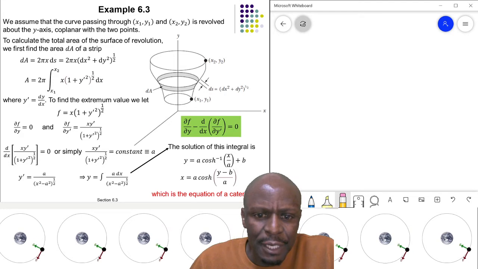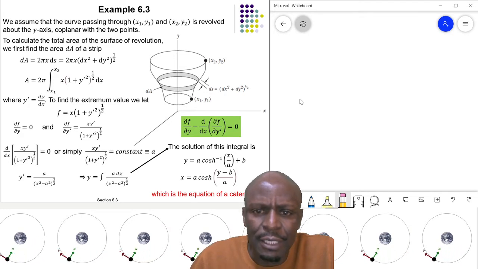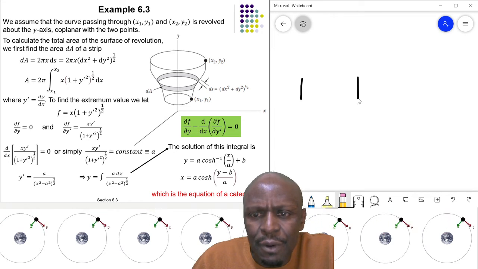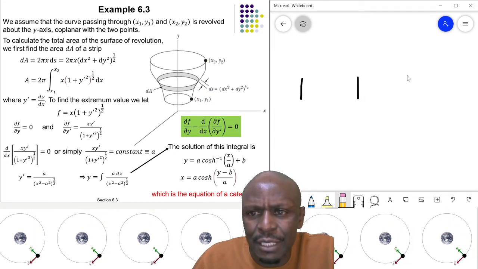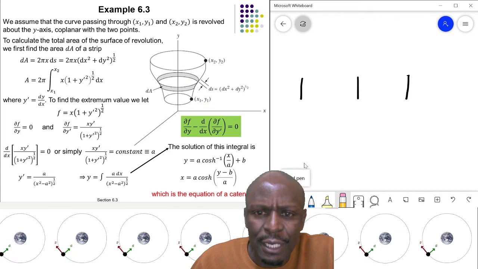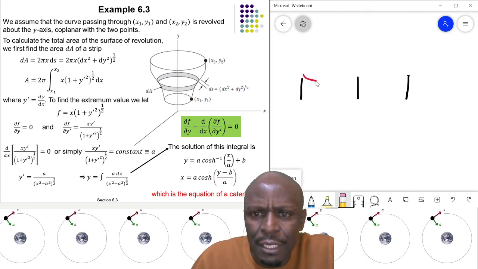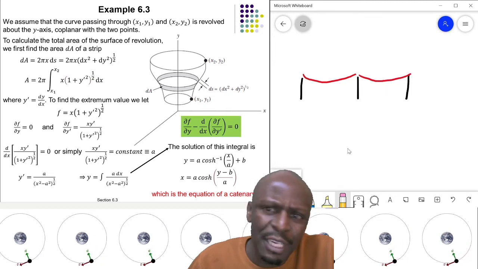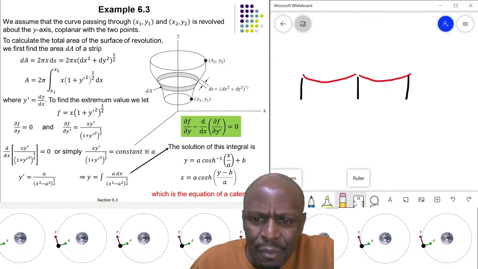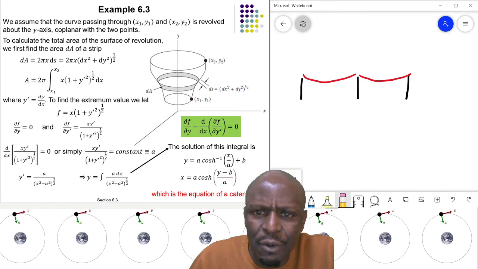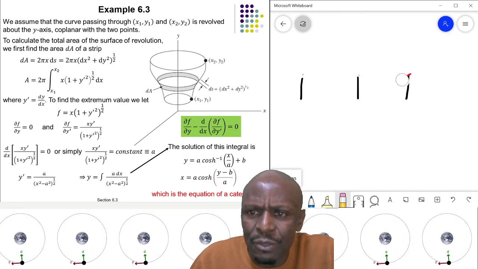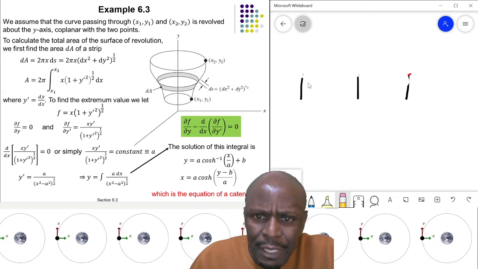Now, what is a catenary? A good example of a catenary is a rope hanging on poles. For example, suppose these black lines are poles, and you have a chain hanging on these poles. You know the shape of the rope hanging on the poles. That shape is actually not a parabola, but what you call the catenary.